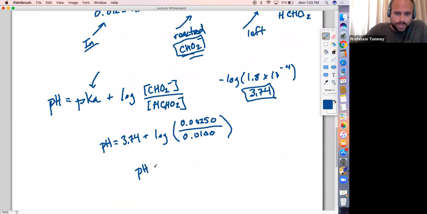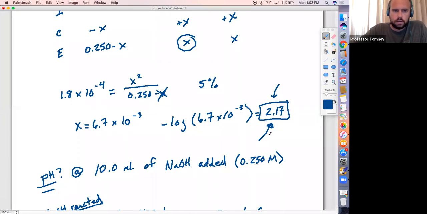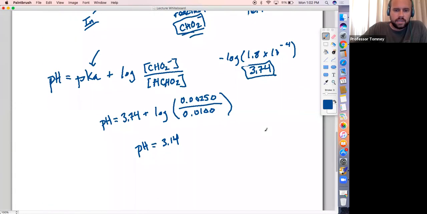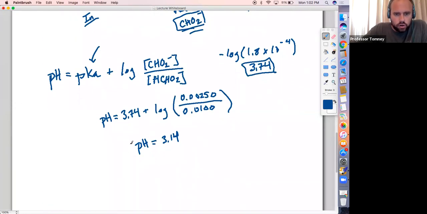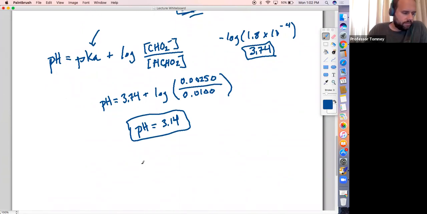Now remember what we said, it needs to be higher than the initial pH. So when I put it into my calculator, I ended up with 3.14 as the pH. If we go back up and look at the initial pH, it was 2.17. So that makes sense. I've added some base and I have increased the pH as I've introduced more conjugate base to solution.